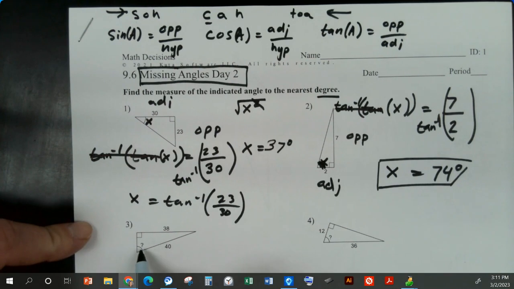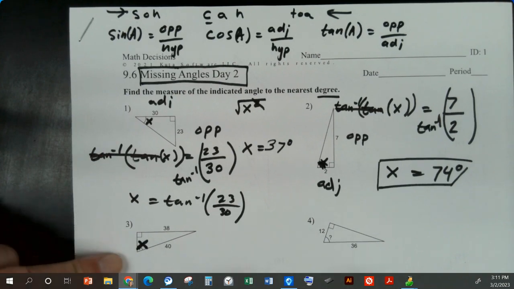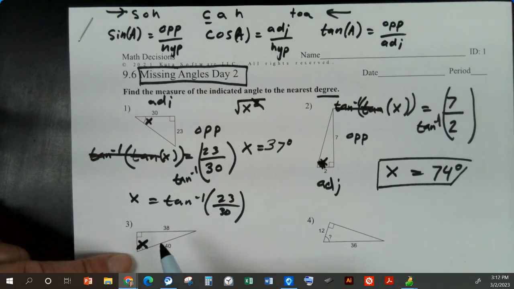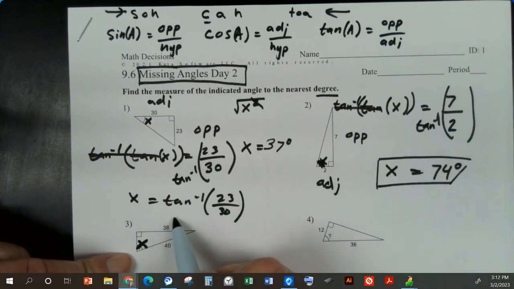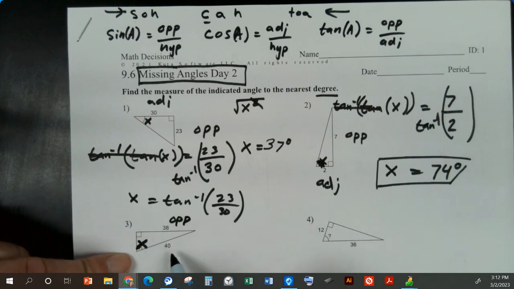Okay, let's jump down to number 3. I'm going to use x again. I like x. We're finding the angle x. So what is 38? What side would we label it? Good, opposite. And we also have 40. What is the side 40? Good, the hypotenuse.